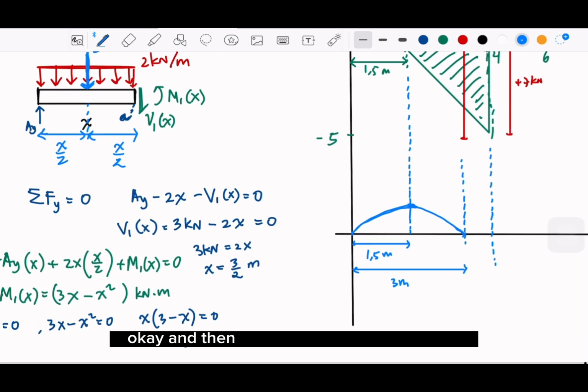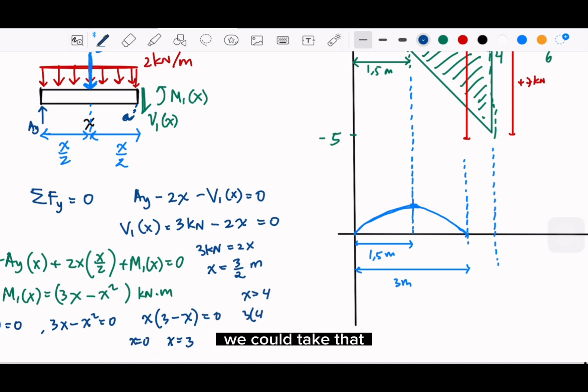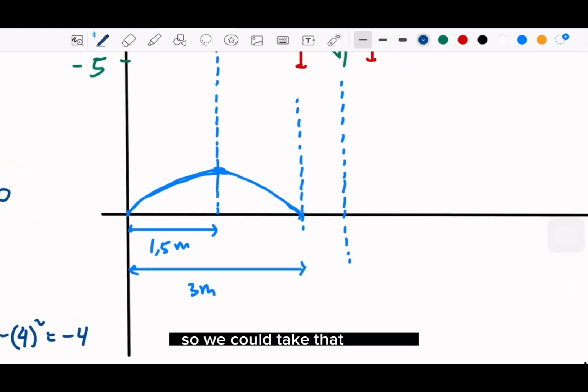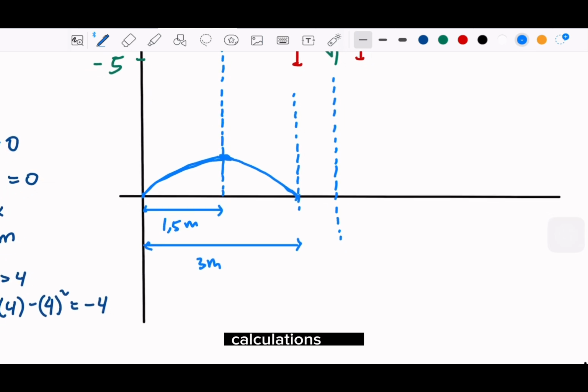Okay, and then the same thing we can do for x equals 4. So we could take the system and at x equals 4, this will be -4. So we could take that into our calculations also.